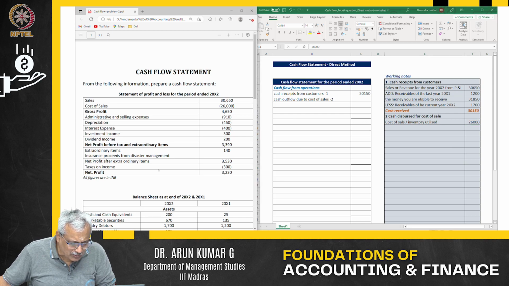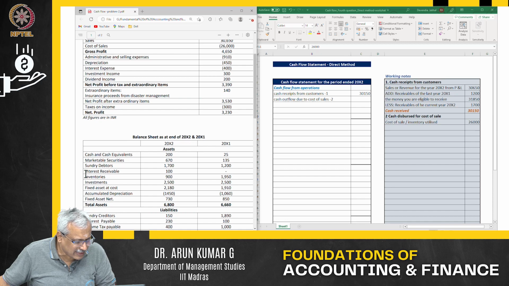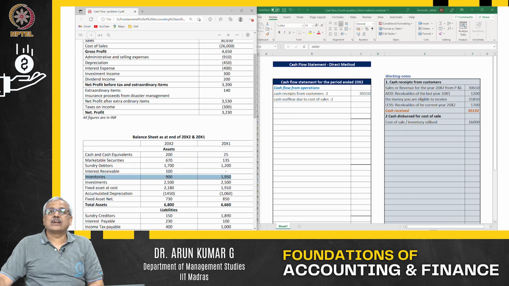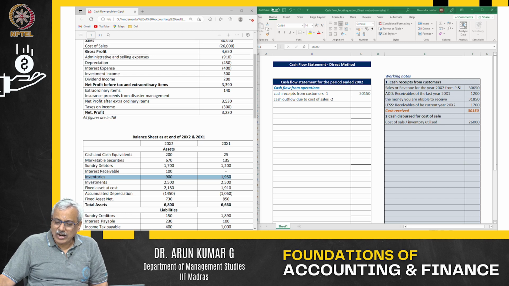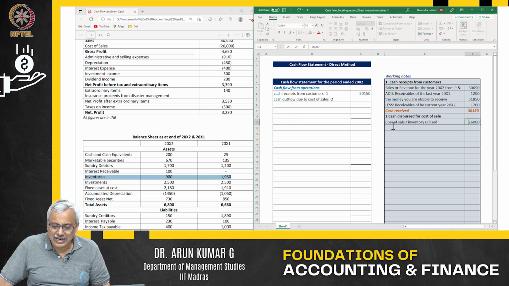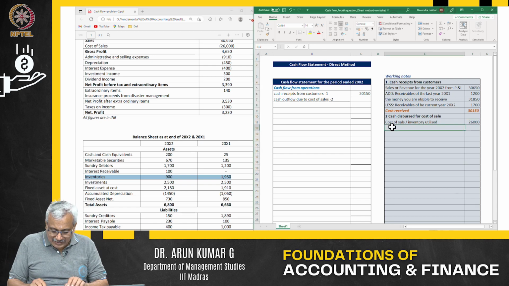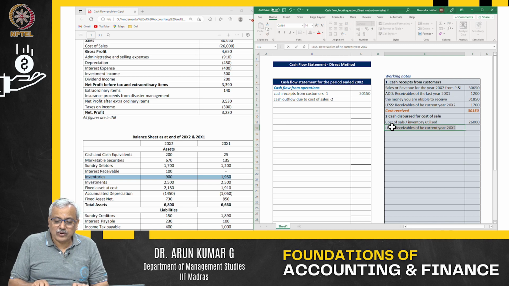Let us go back to the assets in the balance sheet and look at the inventories. I see that my inventory is about 1950 at the end of last year, that is, at the beginning of the current year. So, I would have ideally not bought this entire 26,000, because I might have utilized what is there from the inventory that I have.